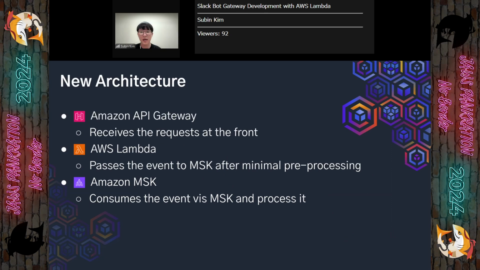The second is AWS Lambda. Through Lambda, the Slack webhook request will pass events to the MSK after minimal pre-processing. And finally, Amazon MSK. Slack events are passed to the MSK, which then processes the event and makes it available to the other consumers.